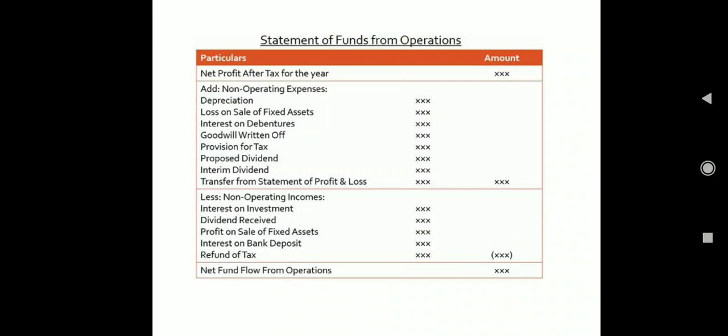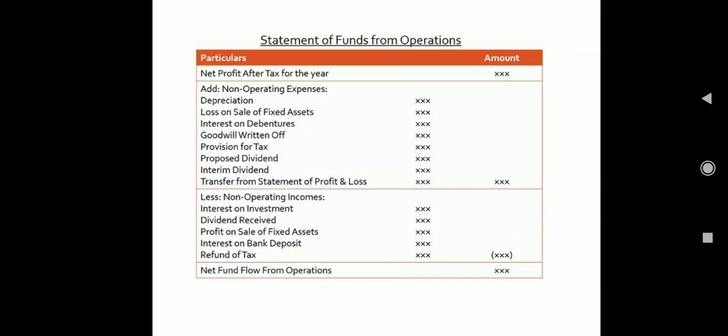Now just check this format, where the very first line is net profit after tax for the year. In some questions you will have the net profit given directly, or somewhere you will have the balance sheet; in that case just take the difference between the closing and opening balance of the profit and loss account.